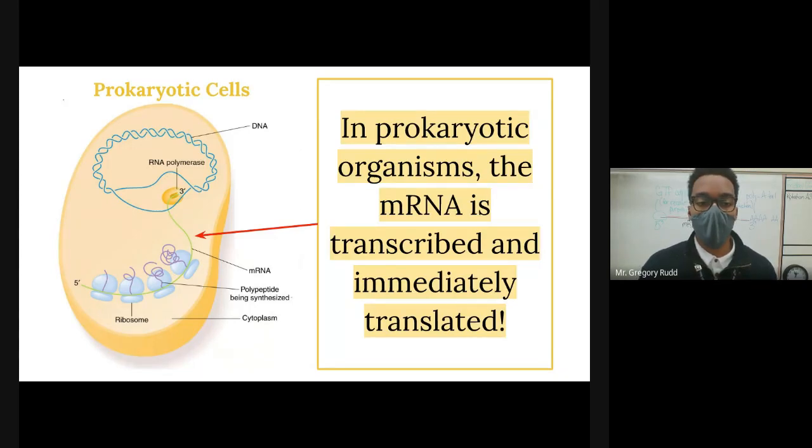You can see it's being transcribed by RNA polymerase, and then it immediately goes into the ribosomes. So it doesn't need all this processing. It doesn't need a poly A tail added to protect it. It doesn't need the 5' cap for recognition purposes. It's just going to immediately start going through ribosomes to be translated.